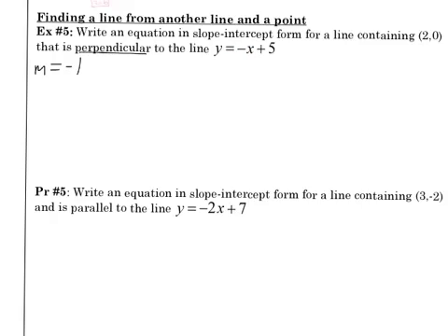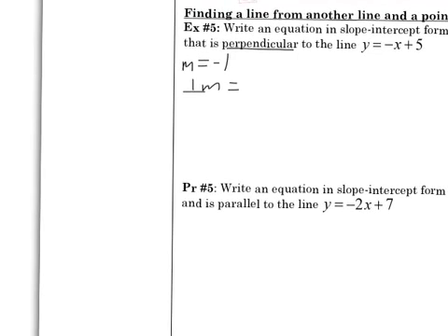But it's perpendicular. So what is the perpendicular slope to -1? Well, remember, if I have a slope of, let's say, -a over b, that means the perpendicular slope is going to be b over a, and you either take away the negative or you add a negative, and here we're going to take it away.